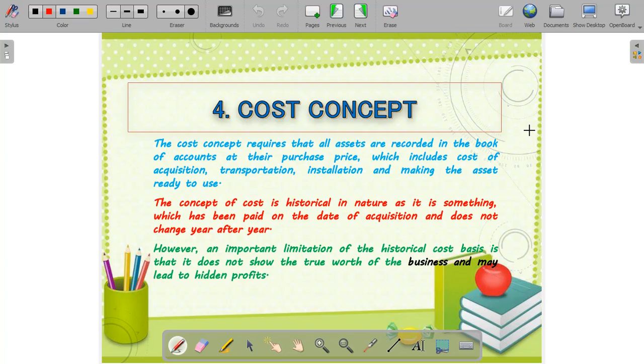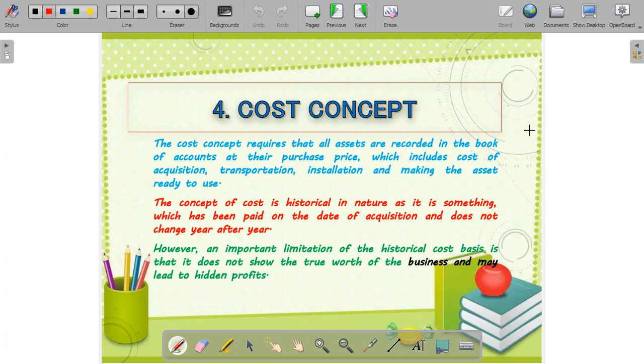And the purchase price includes the cost of acquisition, the cost at which we have acquired that asset, transportation, carriage inward, installation charges, and making the asset ready to use. So all these charges, all these expenses are included in the purchase price of the asset, and then the asset has to be recorded at that price.